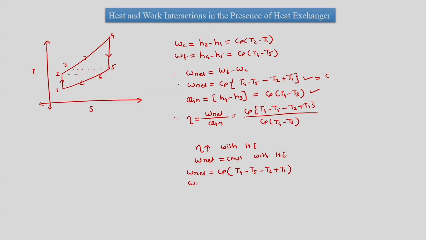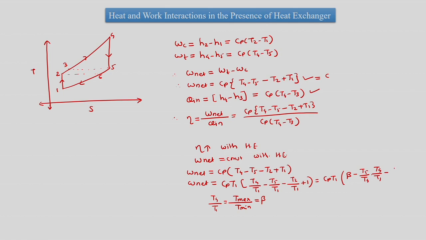We can take T1 common, so W net is equal to Cp T1 into T4 by T1 minus T5 by T1 minus T2 by T1 plus 1, and this is equal to Cp T1 times T4 by T1, which is beta, since we have said T4 by T1 is equal to T max by T min, and that is beta for us, and T5 by T1 can be said as T5 by T4 into T4 by T1, minus T2 by T1 plus 1.